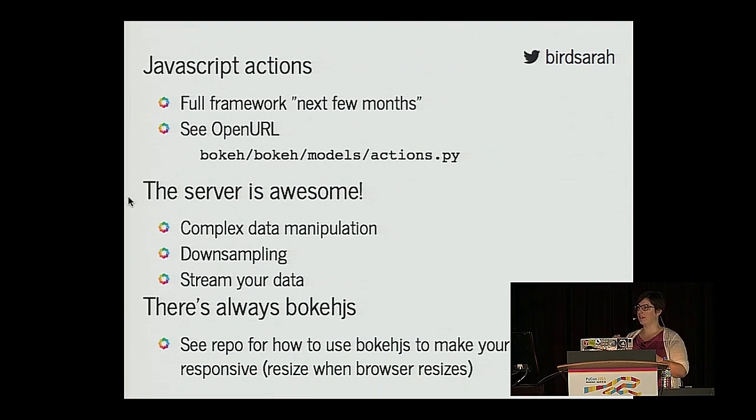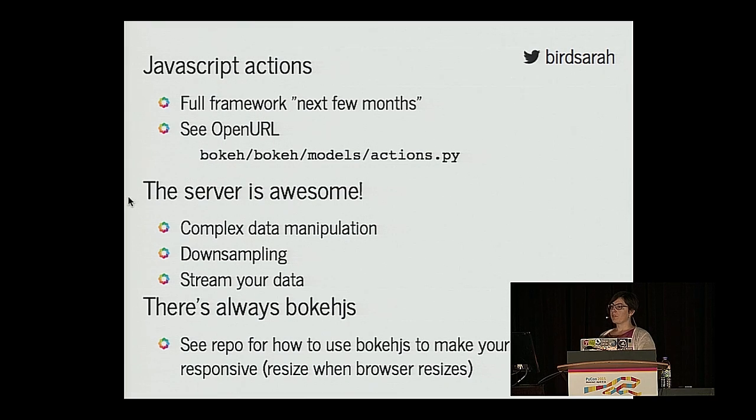The first thing is there is this really awesome thing coming into Bokeh in the next few months called the JavaScript Actions Framework. It is going to let you start writing little pieces of Python code that actually make JavaScript actions happen. There's already one of them in the repo for you to take a look at called OpenURL. But that exact actions framework is totally what I would use to power that slider. And that's coming really soon.